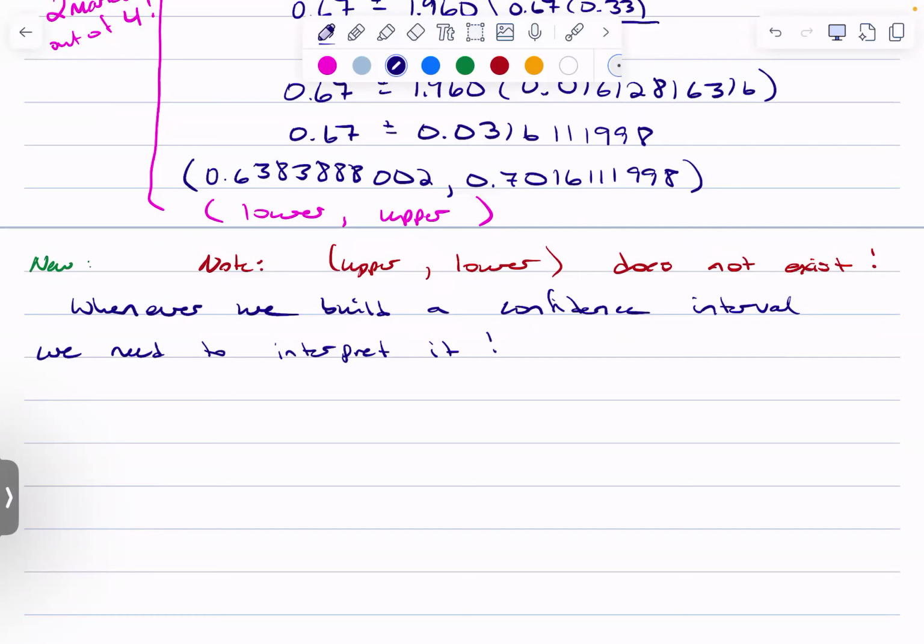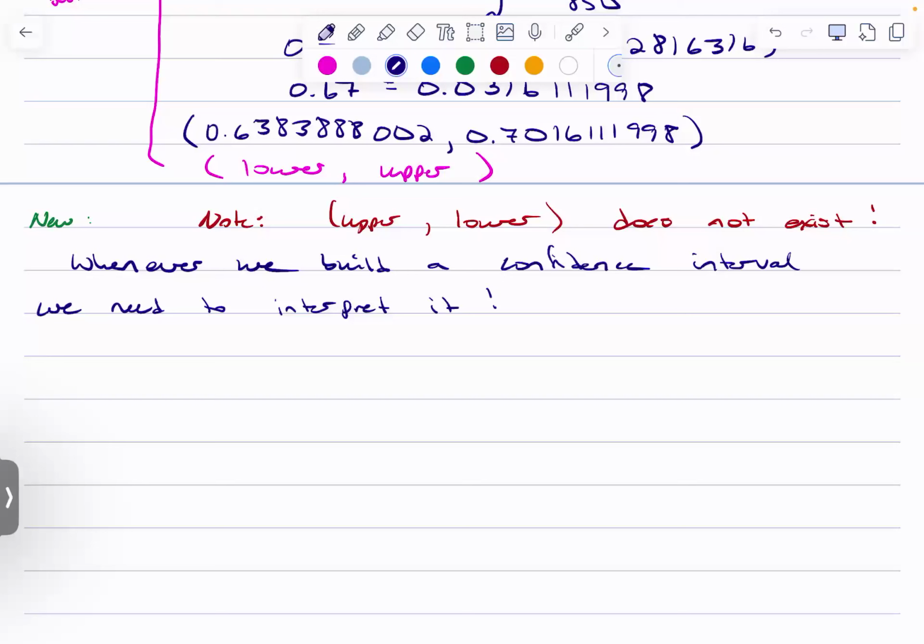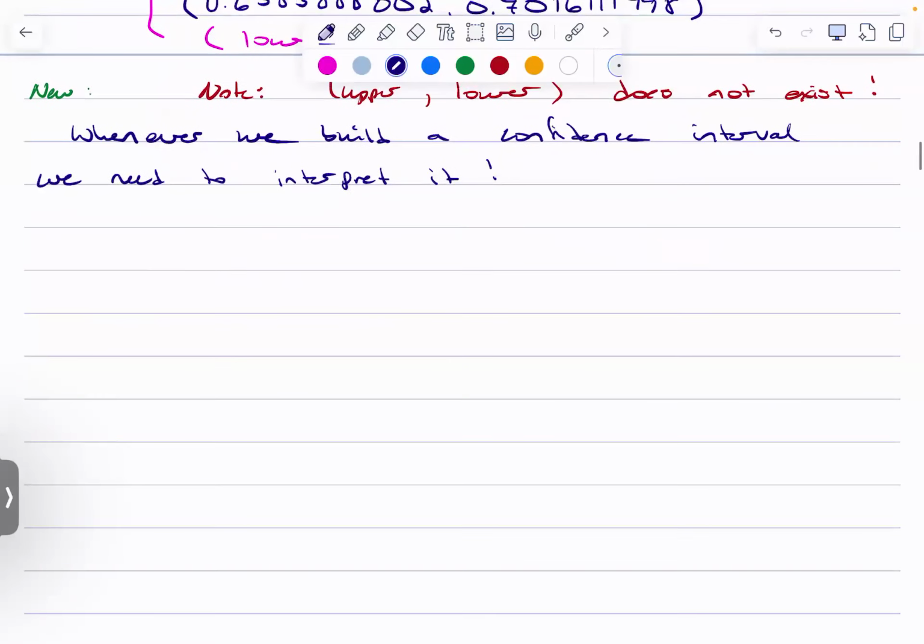So we're going to use a standard interpretation. Okay. And I want you to use this exact sentence structure. I know that it gets weird. Well, isn't that plagiarism or whatever? No, not in this case. I want you to use this exact sentence structure.